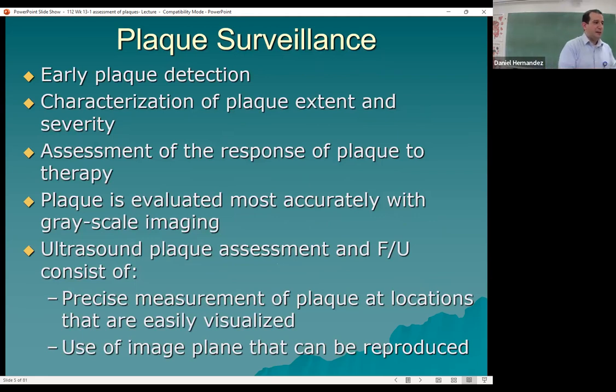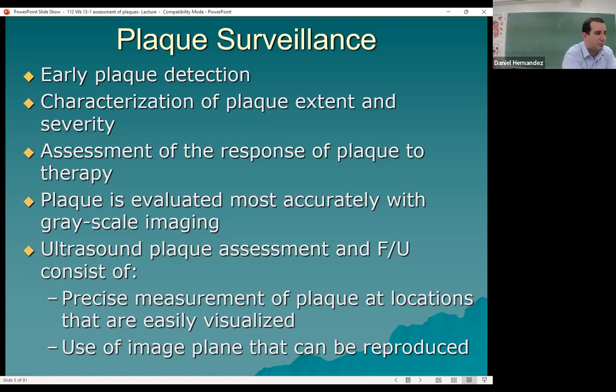With our plaque surveillance, again, we want to characterize the extent and the severity of the plaque, and we're going to describe that plaque sonographically. That's why our grayscale imaging is very important. We also utilize our color flow, because sometimes we might have plaques that are very hypoechoic, very dark in nature, so we may not think it looks like a severe plaque.